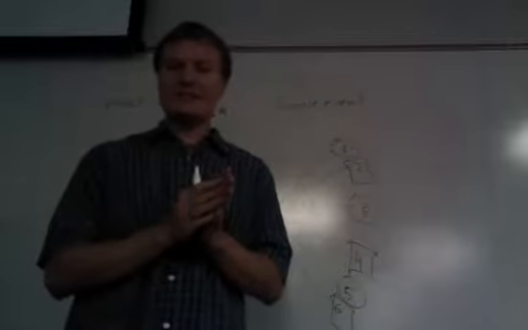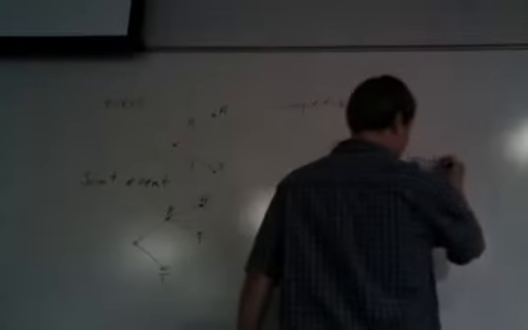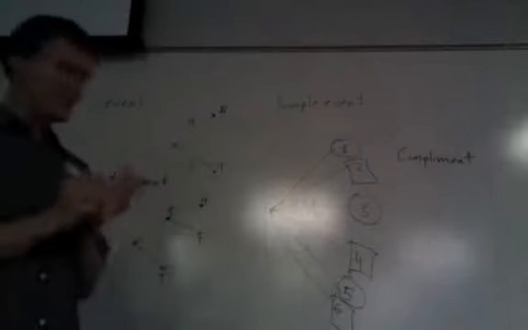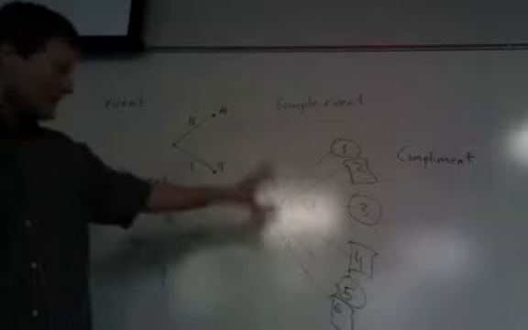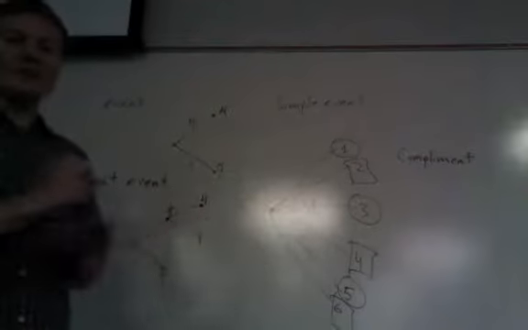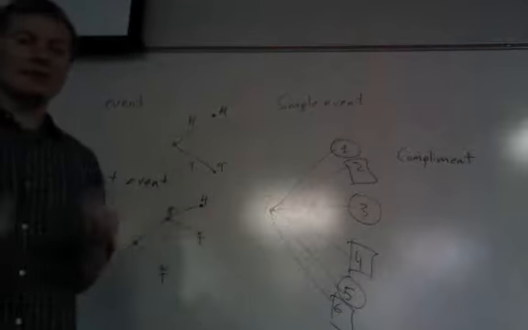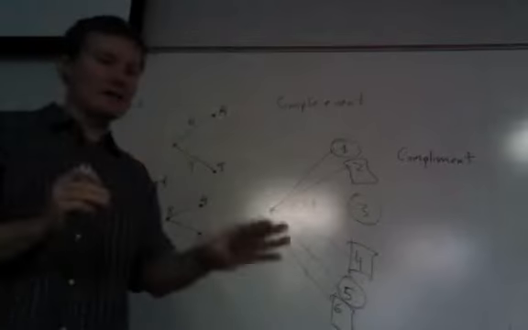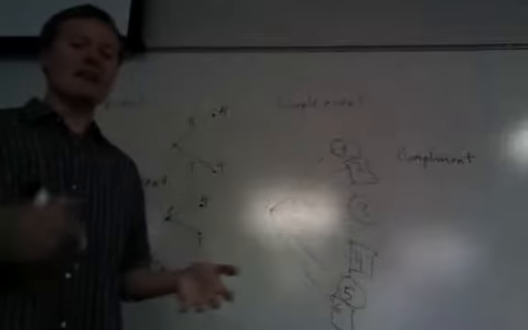Another definition is complement. So what is a complement? Let's say we're talking about events. We can define an event to be whatever we want it to be. Let's say I define my event: I'm going to roll a die, and if I get 5 or 6, then event A has happened.